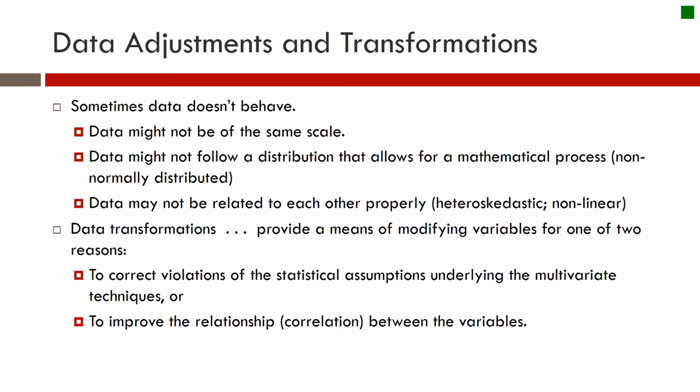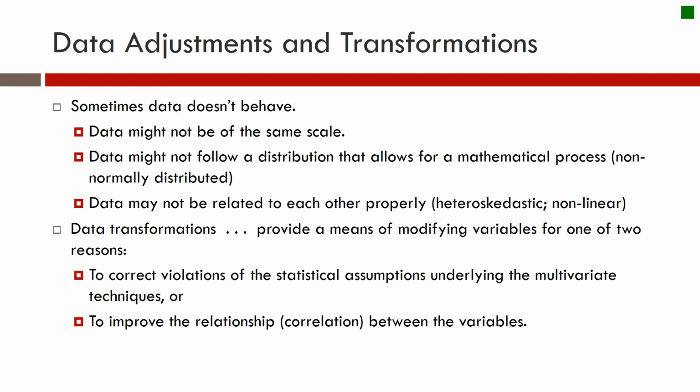Now, we may make some adjustments in advance. And so here's the deal. Sometimes our data is not scaled the same way. Sometimes we don't have distributions that act the way they're supposed to do, or maybe the assumptions are not made properly.